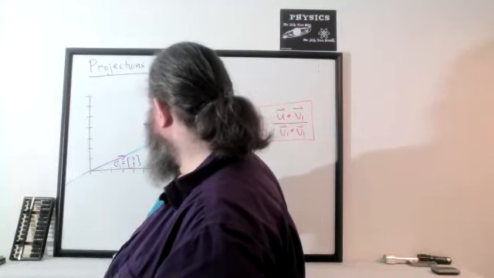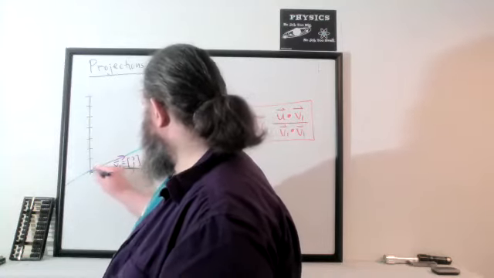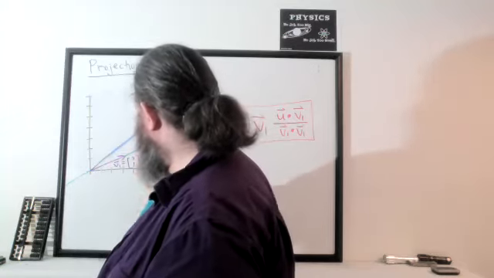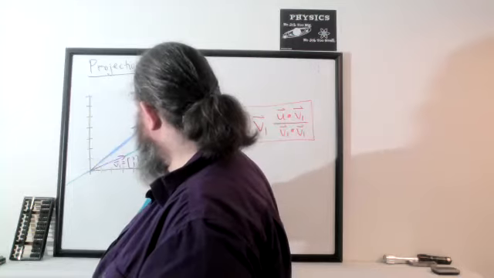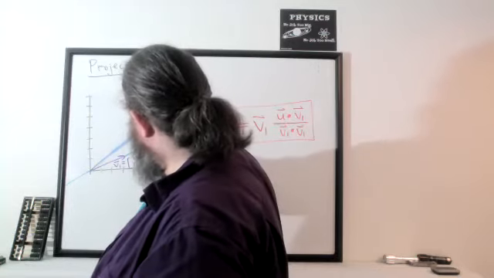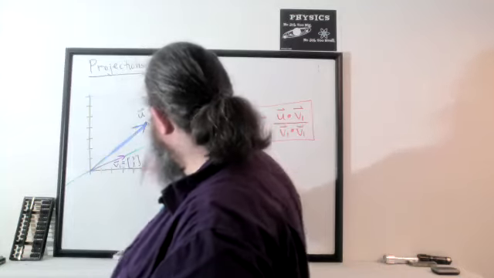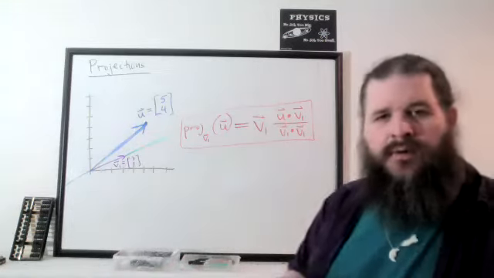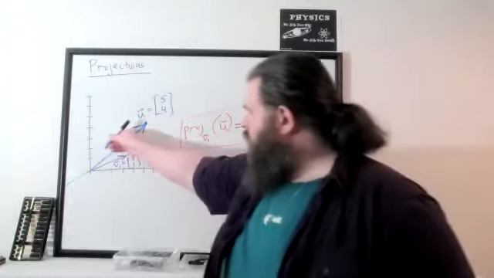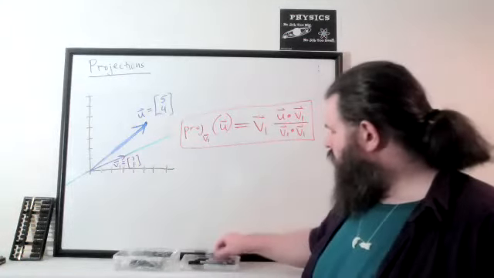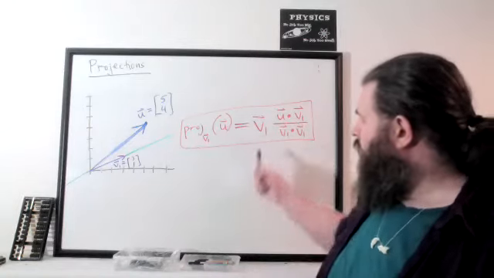Or 5, 4. And what we want to do is project vector u onto the line spanned by vector v1. So let's try that using this formula.